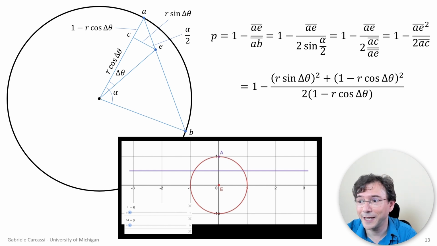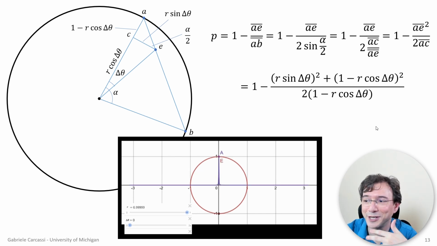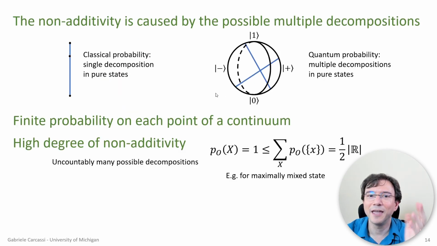And the idea is to see whether this actually works in a bunch of different ways. So the first reason why this makes sense, and what this shows, is that the non-additivity of the measure is really caused by the possible multiple decompositions, or by the contextuality in quantum mechanics. In classical probability, you have a single decomposition for pure states.